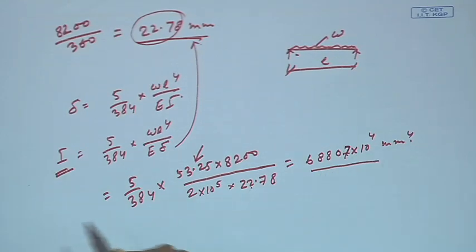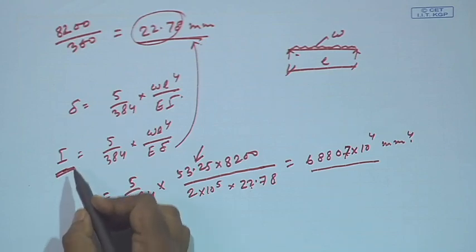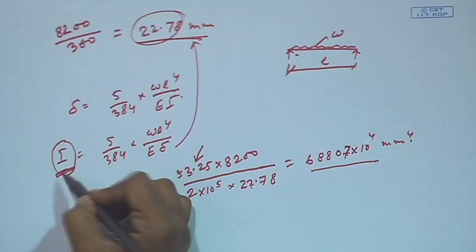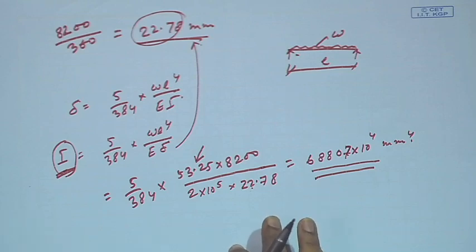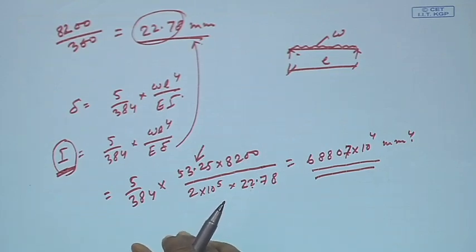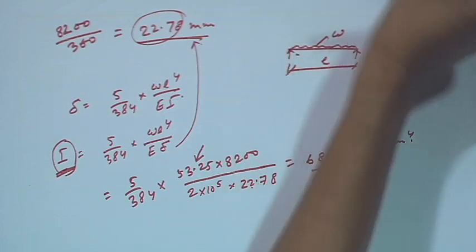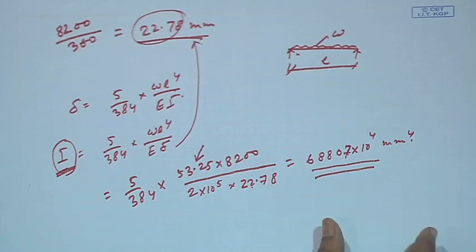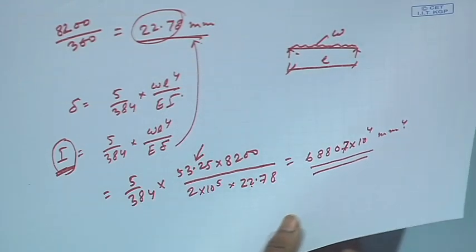One is the moment of inertia of the section required to restrict the deflection within the limit, and another is the plastic section modulus required to take care of the moment carrying capacity.